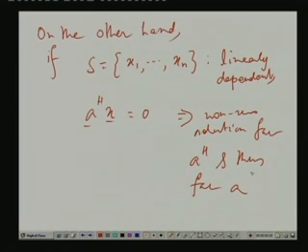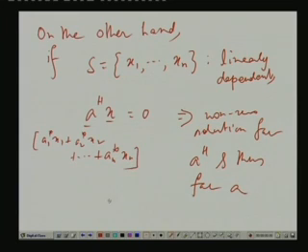After all, what is A Hermitian x? It is nothing but A1 star x1, the first entry, then A2 star x2 plus dot dot dot An star xn. And if it is equal to 0, since the elements x1, x2 up to xn are linearly dependent, I must be able to get some non-zero solutions for A1 star, A2 star up to An star, at least one of them or more than one of them.